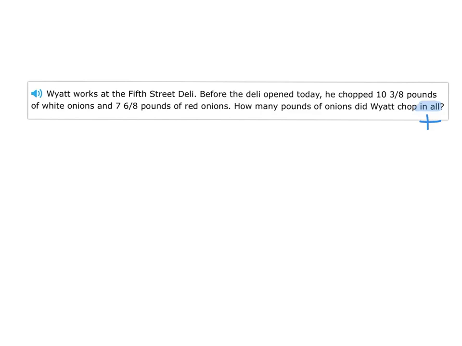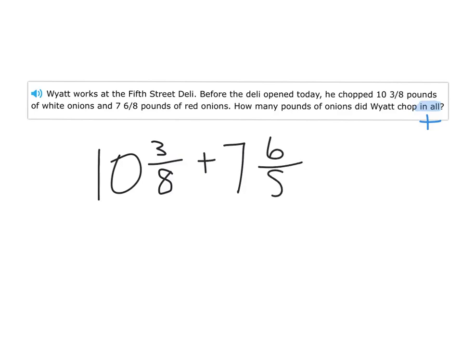All right, so now we've got his 10 3/8 pounds of white onion and 7 6/8 pounds of red onion. And we're going to add those together. Start with those whole numbers, and we'll be at 17. Add those fractions, and we're at 9/8. And again, you'll see that we've got this improper fraction here, and we've got to simplify it.